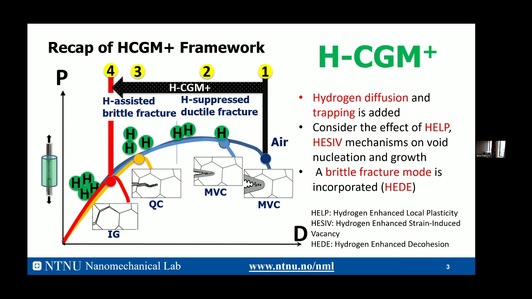The mechanism switches to the HEDE, the hydrogen enhanced decohesion mechanism domain. In this area is basically the hydrogen assisted brittle fracture. So, when the actual material endures the maximal volume of hydrogen, it will have a response like a pure brittle fracture.